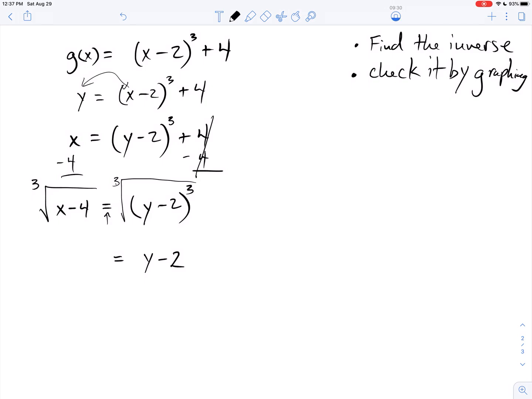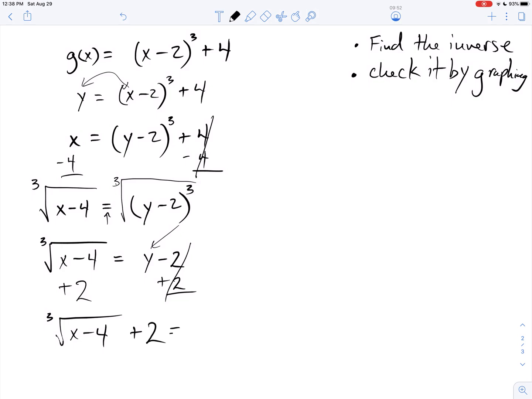I'll call it the cube root of x minus 4. But you'll see my y is not by itself yet. I would have to add 2 to this side and add 2 to that side, at which point I would have the cube root of x minus 4 plus 2 is equal to y.